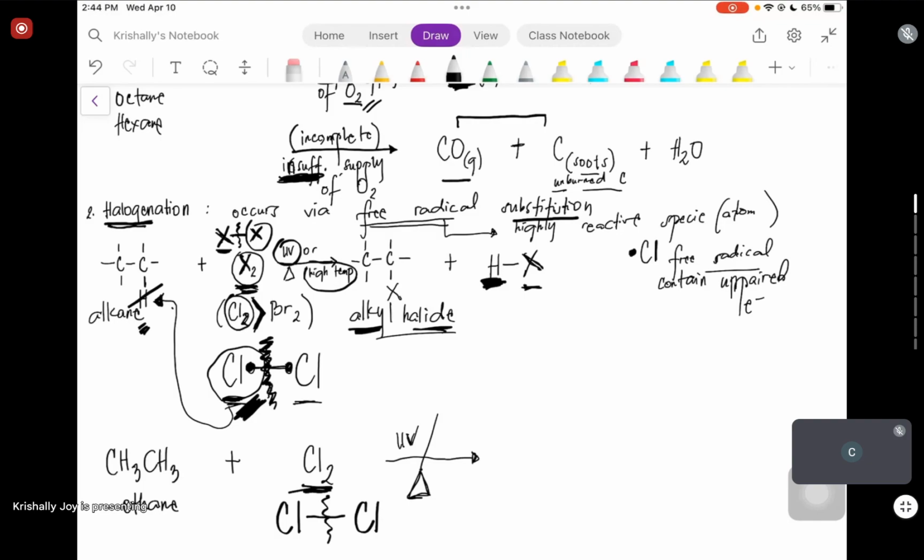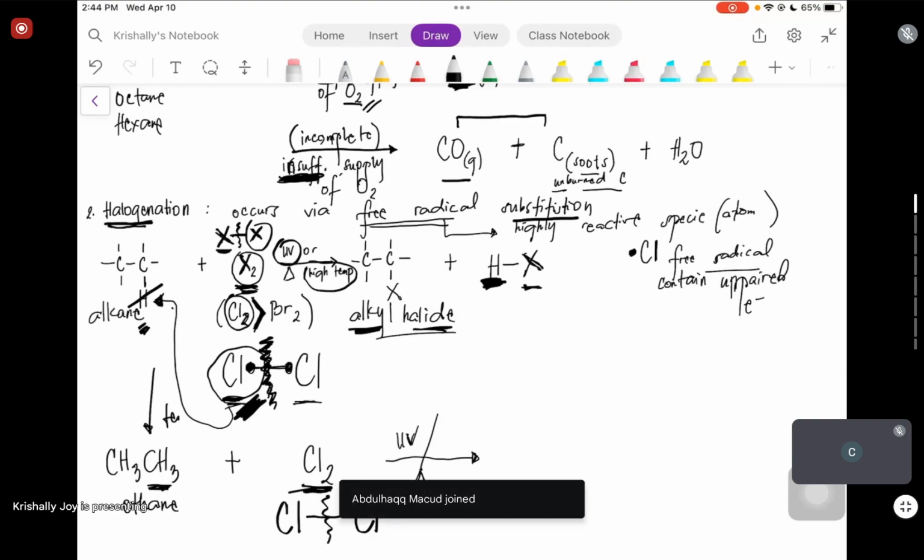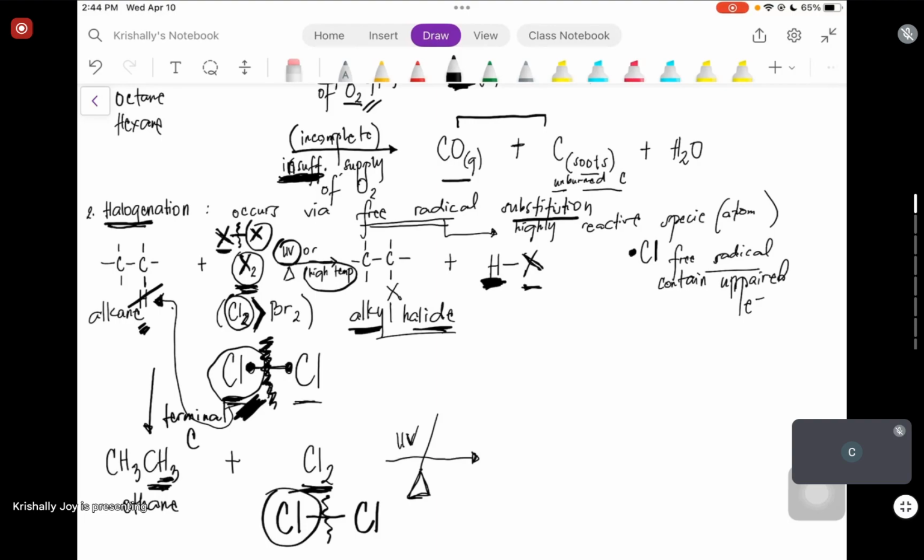Okay? So, what will happen, class, is that the substitution will happen at the terminal carbon. Okay? Just find the terminal carbon, the end carbon, it's up to you: the end carbon on the left or the end carbon on the right. You replace one of its hydrogens with the halogen reacted to it. So it can become CH3CH2Cl: one of the hydrogens in ethane became chlorine.